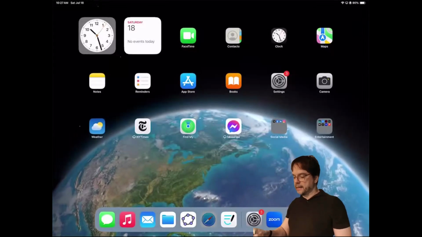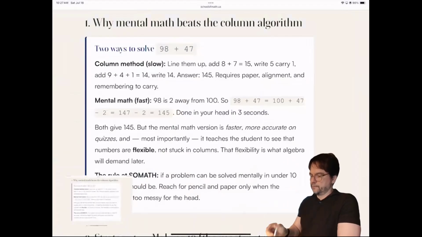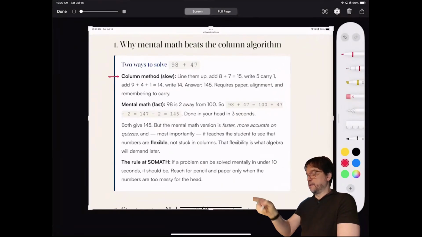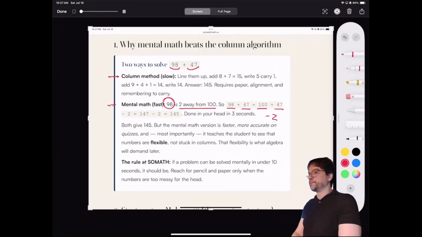Let's read about this technique. If we do the column method, that is what we used to do, 98 plus 47 is what you did, okay? In the mental math, 98 is 2 away from 100. So instead of doing 98 plus 47, do 100 plus 47 and take 2.